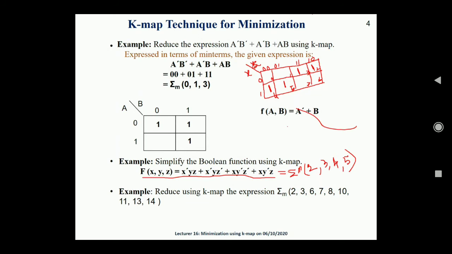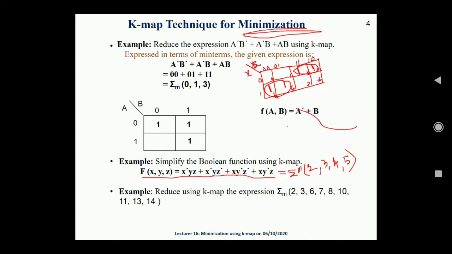Our main objective is to minimize the expression. For this example it is very easy: this one is a group, and this one is a group. Yes or no? Is there any other one?